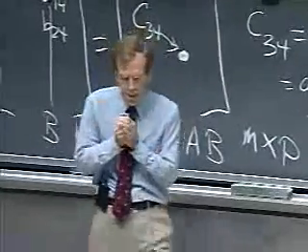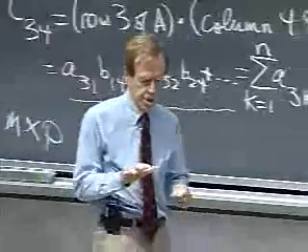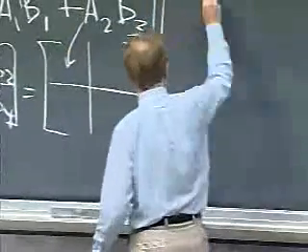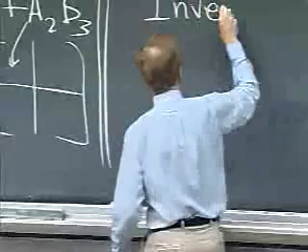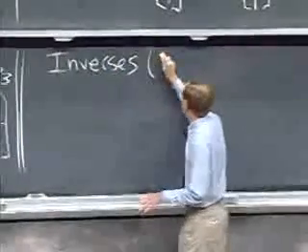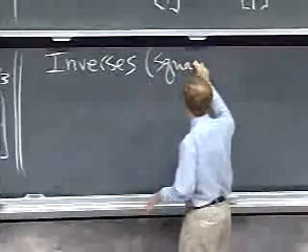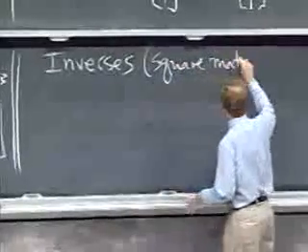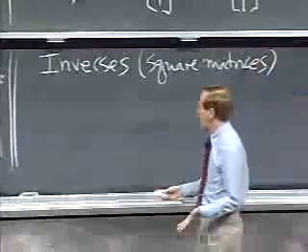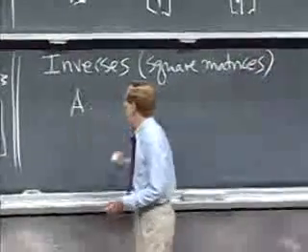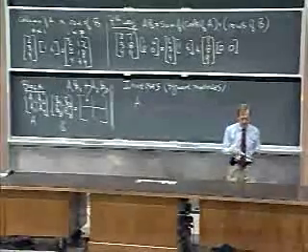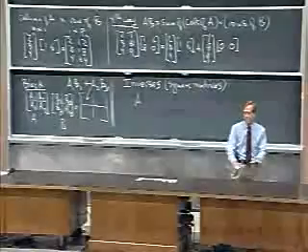All right, I'm ready for the second topic, which is inverse. Okay, ready for inverse. And let me do it for square matrices first. Okay, so I've got a square matrix A. And it may or may not have an inverse, right?